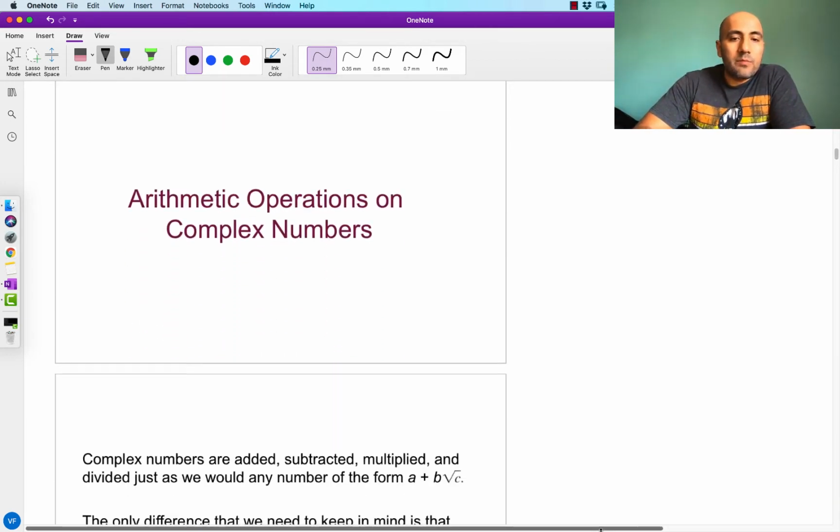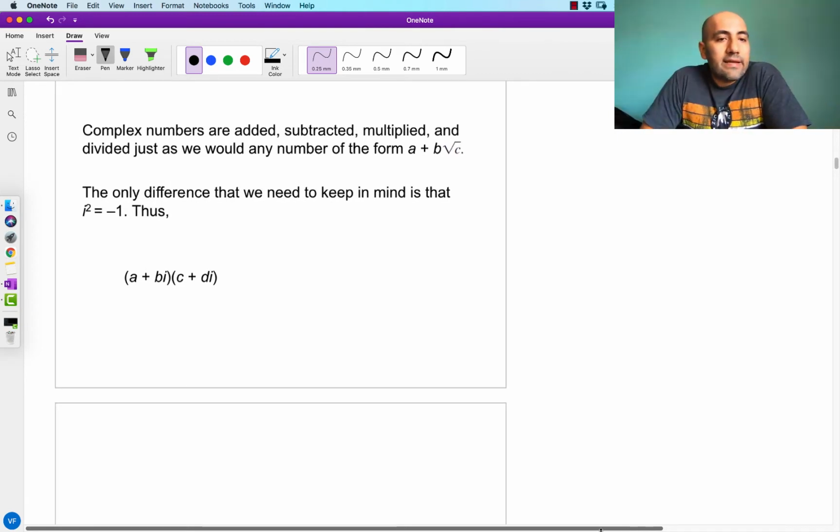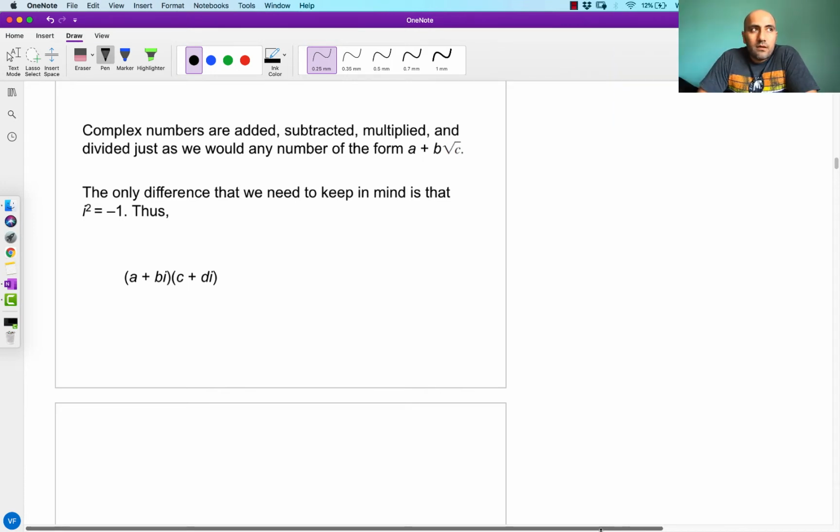Okay, how do we do arithmetic with complex numbers? Complex numbers are added, subtracted, multiplied, divided, just as we would any number of the form a plus b root c. Okay, so we're going to have to go back to our rules with binomials to see what this is. The only added element to this is that we know that whenever we have i squared, we'll get -1.